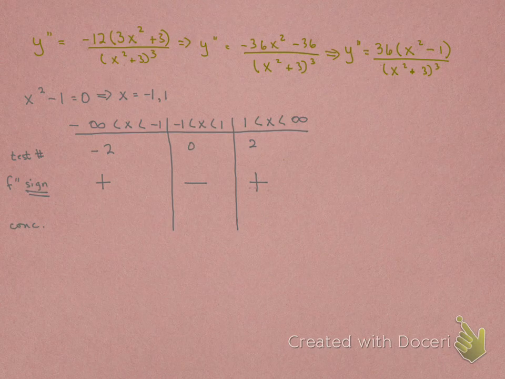So the conclusion is that the concavity is up from -infinity to -1. It is down from -1 to +1, and up again from 1 to infinity. So we can find out what those points are by plugging in -1 into the original function and getting the points of concavity.